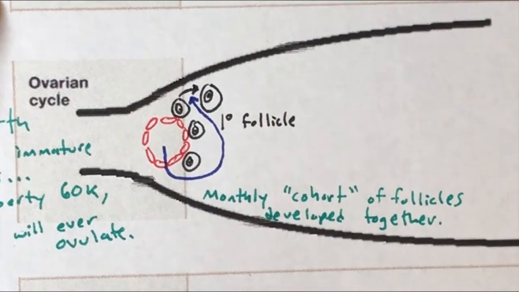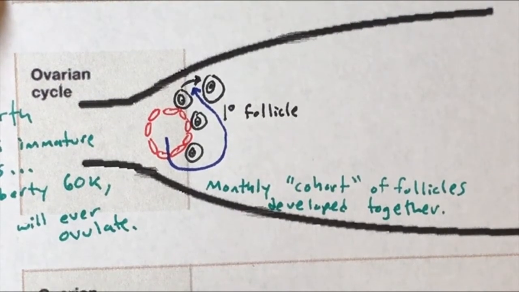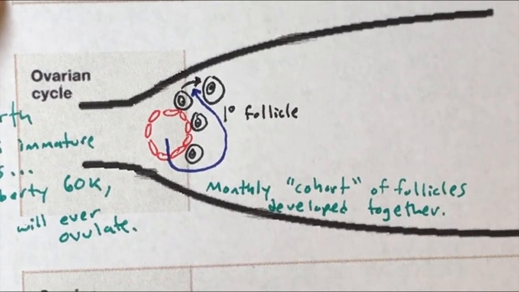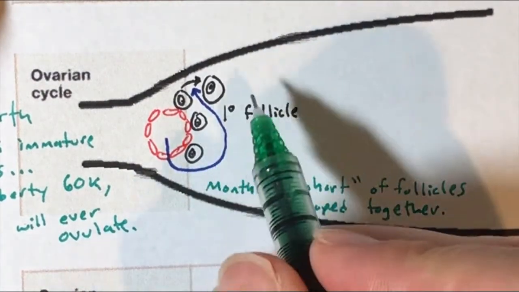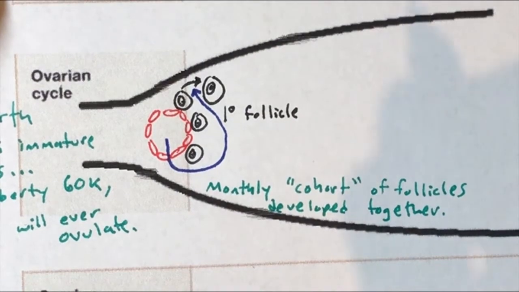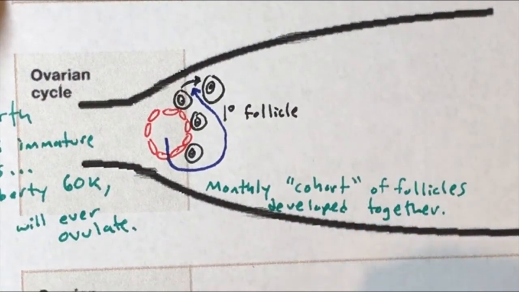Now, just like a cohort of students in a college, not every single student in that cohort is going to graduate. So with these eggs, not every single immature egg is going to be ovulated. Just one, on average, is going to be ovulated. And the one that actually gets to be ovulated is going to be the one with the most FSH receptors.